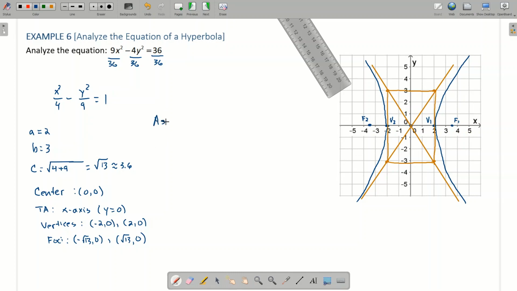Last thing we have to do is asymptotes. So you notice I don't really even worry about the b or the a, I just look at the picture to determine what the asymptotes are. So it's going to be plus or minus rise over run, which is the rise is 3, the run is 2, so the asymptotes are y equals plus or minus 3/2 x.